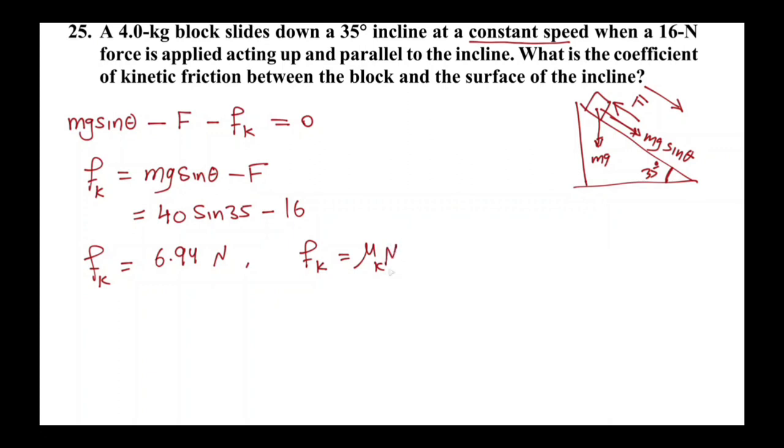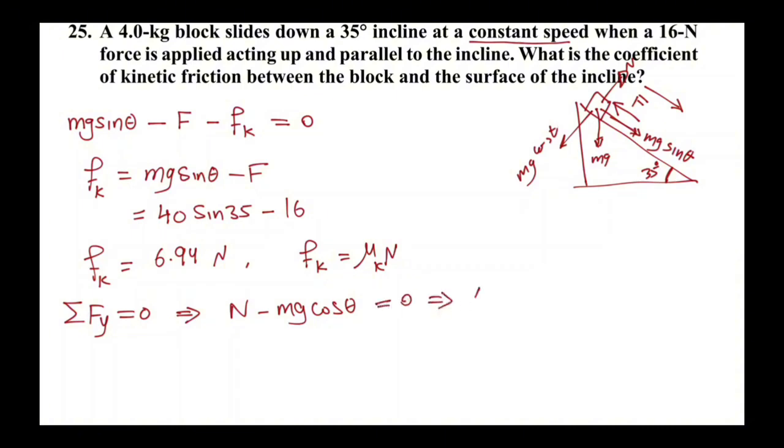Now to find the normal, let's use the sum of all forces on y equals 0, and in this case the normal minus mg cosine theta. This is the normal and this is the mg cosine theta, equals 0.